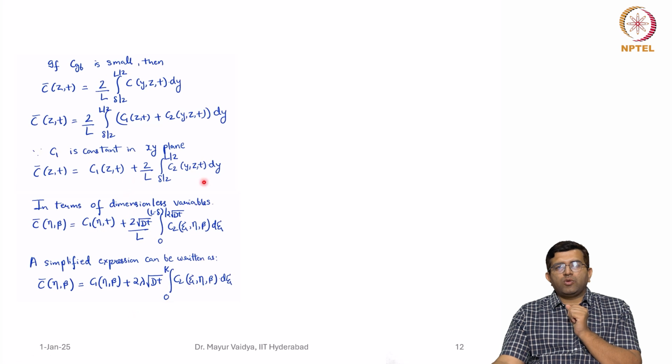And you can convert this into the dimensionless variables. So, C bar of eta comma beta is written as C1 of eta comma t plus 2 root Dt by L into this integral.